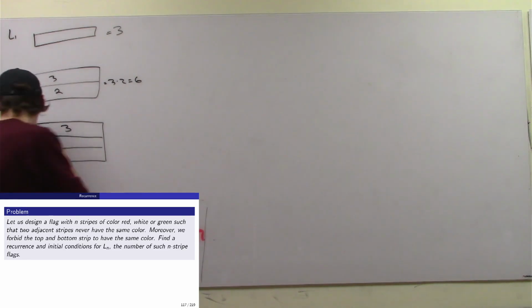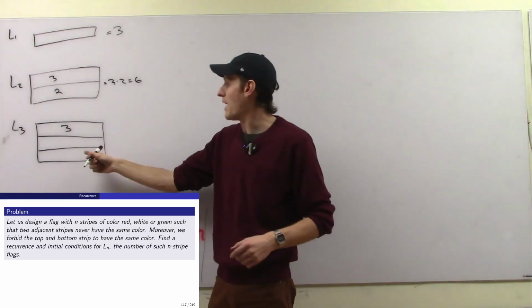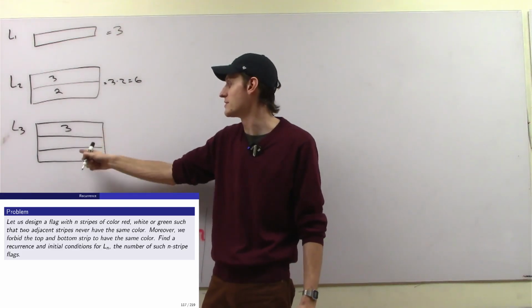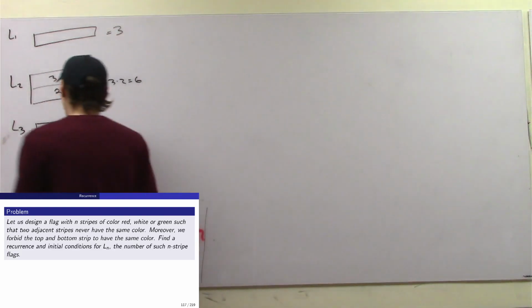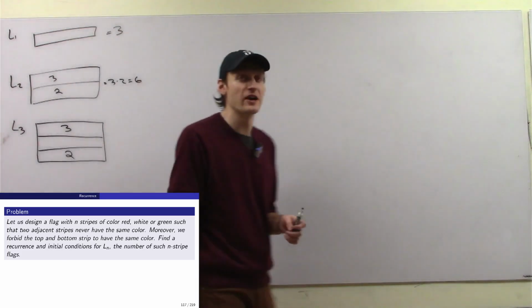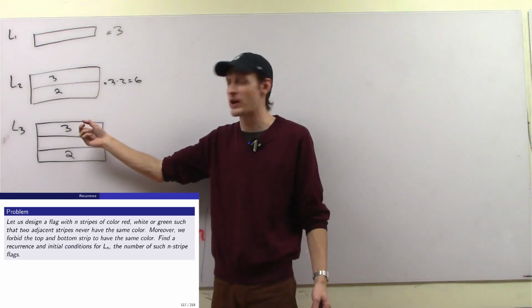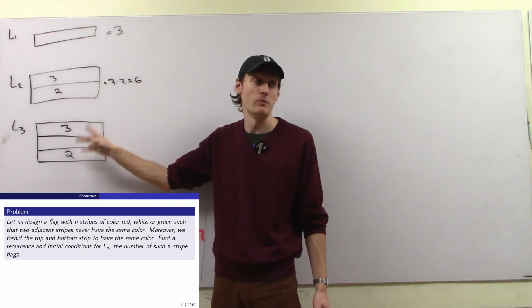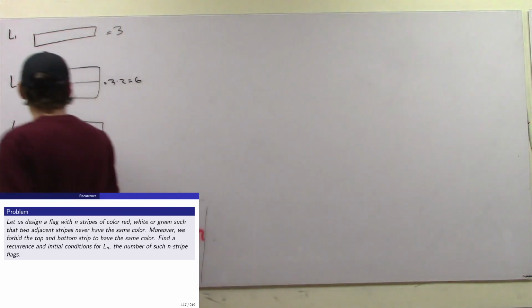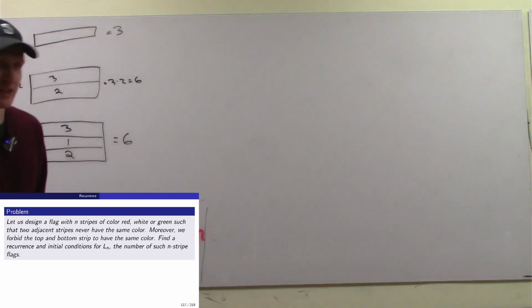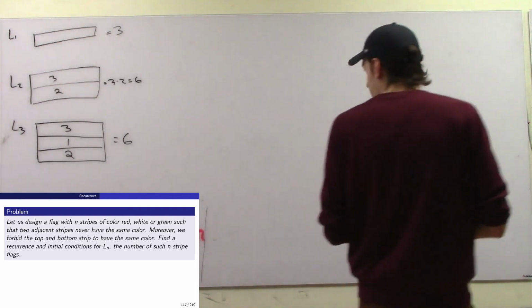I'm going to notice that, hey, the bottom line can't be the same color as the top. So if this was green, this can't be green. So I'm going to pick the bottom one in one of 2 ways. Okay? And then this is, for instance, red, and this is a different color, maybe green, and this middle stripe has to be different from the one above and below. This ends up just being 1 way. This is actually also 6, interestingly enough, I think.